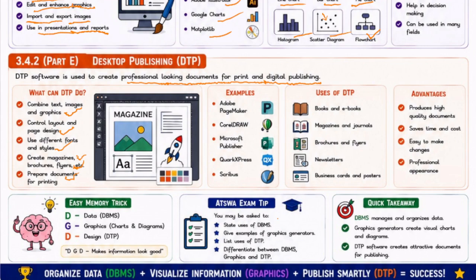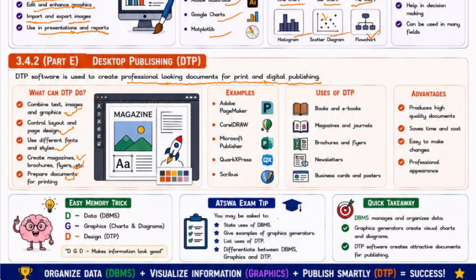There are so many applications now that are being used for graphics designing, but all graphic designing is desktop publishing. They use what we call desktop publishing. Examples are PageMaker, CorelDRAW, Microsoft Publisher, Scribus, QuarkXPress.